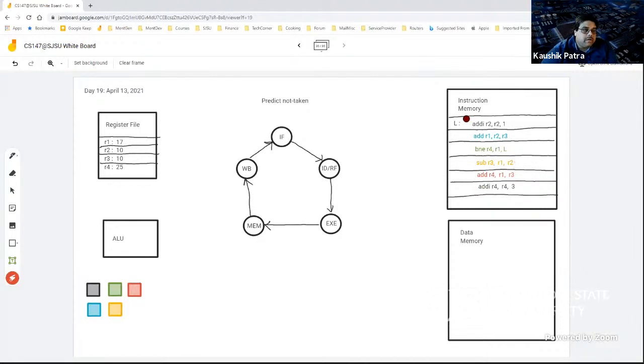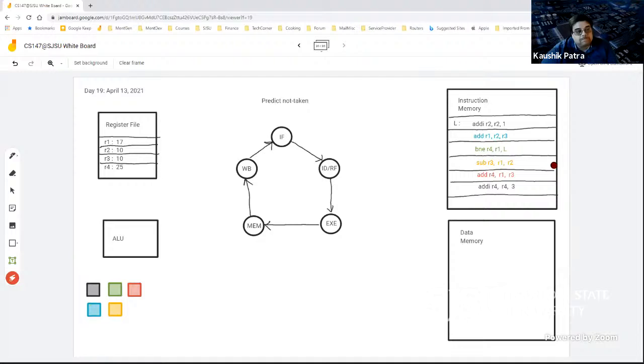Now let's see how it plays out in our pipeline architecture. Remember, pipeline tries to execute these instructions in parallel, and we'll see, if we want to execute them in parallel, what kind of hazard comes up at this instruction, which is a control hazard.